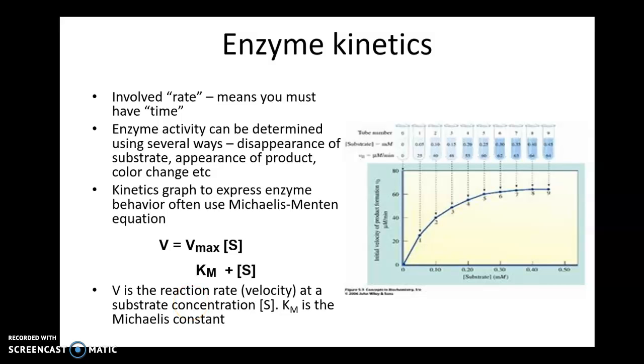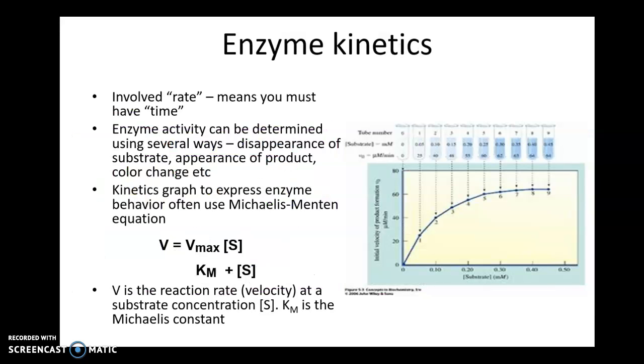You will learn more about this with Professor Nazamid in the future. V is the reaction rate, equivalent to velocity at a substrate concentration equivalent to S. Km is the Michaelis constant. You can calculate all this based on the data that is given to you if we ask them in the exam.